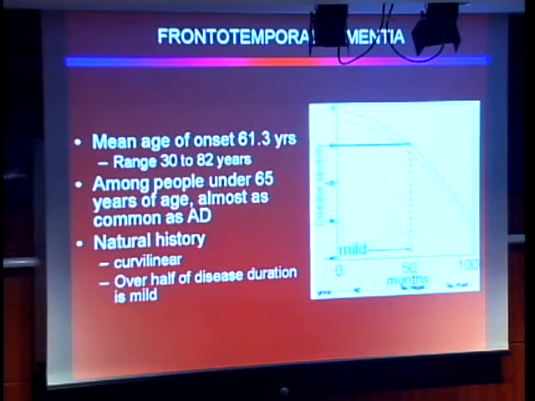So we think, based on our research, that there are compensatory mechanisms that allow folks to do well early on during the course of the condition, but these compensatory mechanisms become overwhelmed, and over time, during the moderate and more severe stages of the condition, you can see that there is a more rapid and accelerated rate of decline over time.